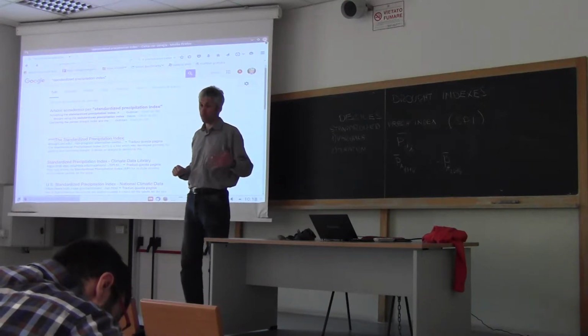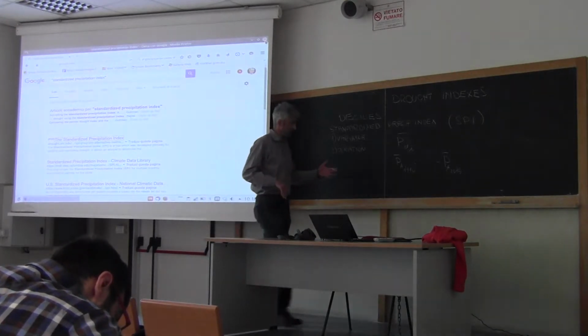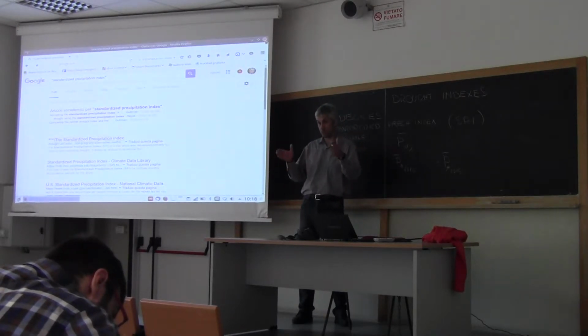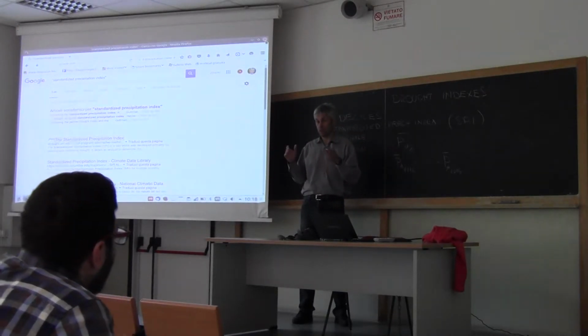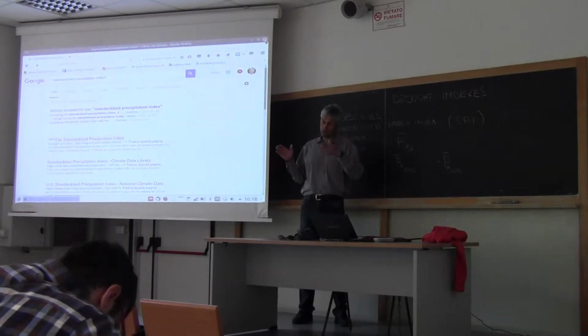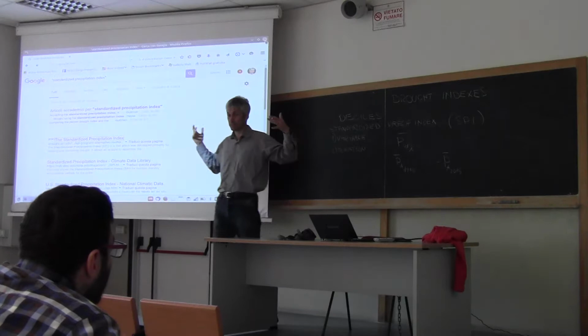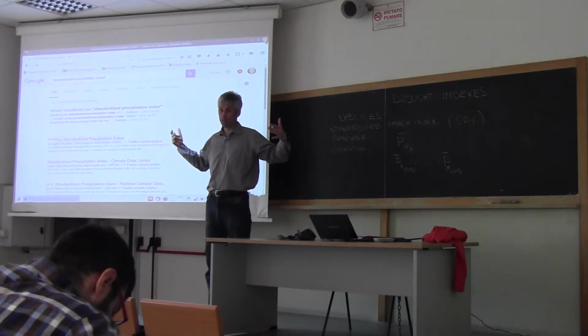And therefore these are outcomes from this random variable, which is average precipitation in August. And these outcomes follow a given probability distribution, which in general is unknown, and it's variable.